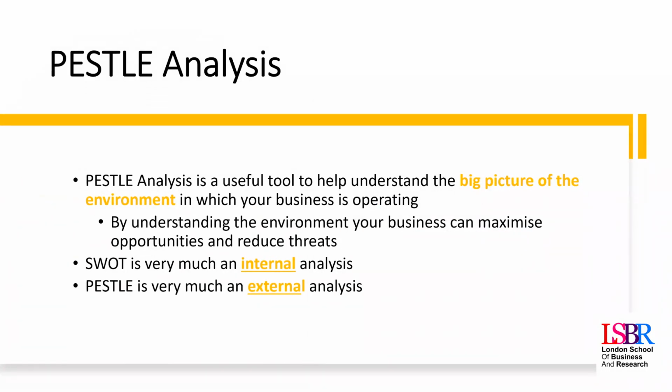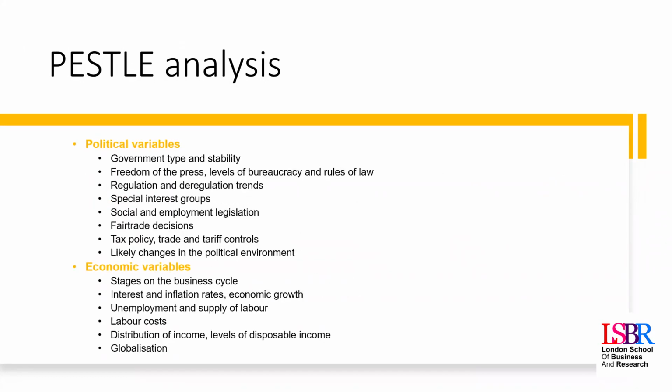Then we have the PESTEL analysis. Now, the PESTEL analysis looks at the external. So SWOT, what we talked about already, was very much internally focused, looking at our internal strengths and internal weaknesses, and opportunities and threats. But for PESTEL, we're focusing on the bigger picture. We're focusing on what's happening outside of our organization and what we need to do to keep our business operating. So that's looking at things such as political variables.